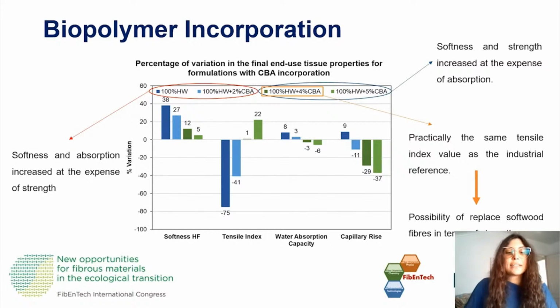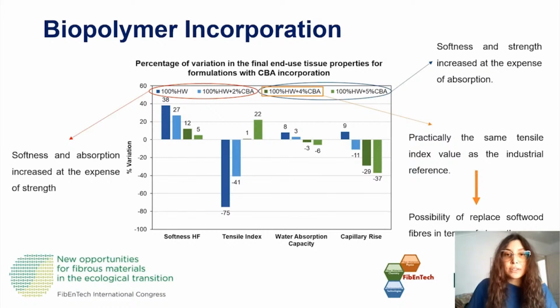Overall, the incorporation of these additives increases the softness and absorption properties at the expense of decreasing strength up to 3% of incorporation. On the other hand, after the 4% incorporation, the softness and strength increased at the expense of absorption.